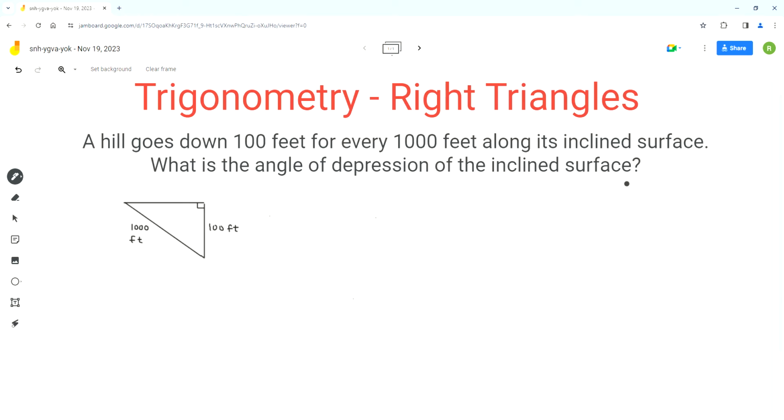So first let's try to understand what angle of depression means. Angle of depression represents the angle by which we have to look down from a horizontal eye level.